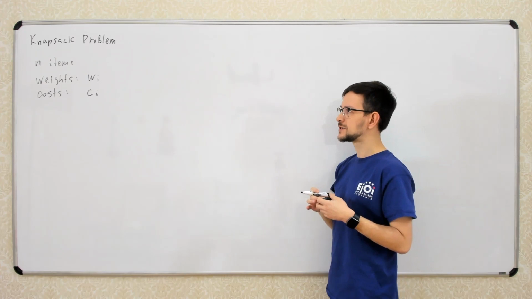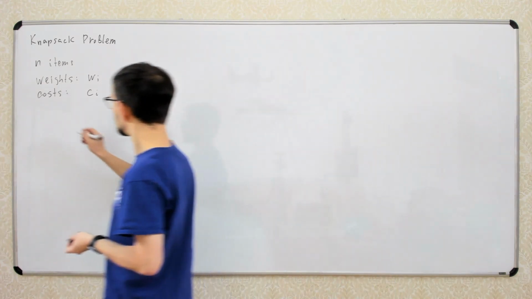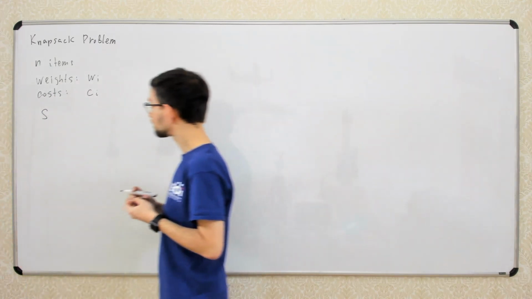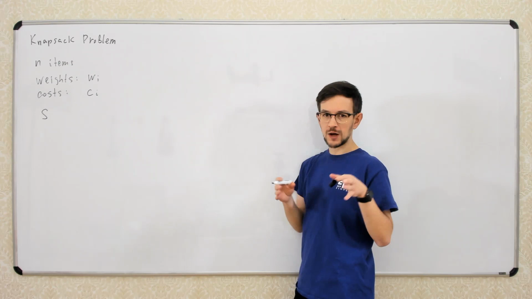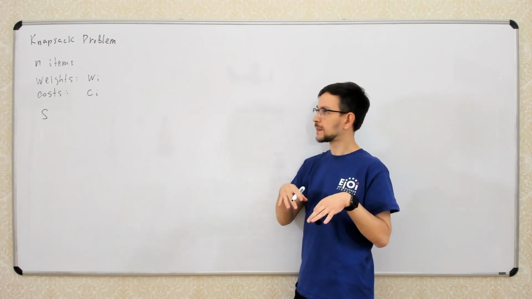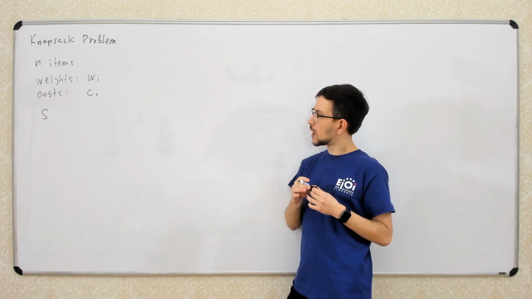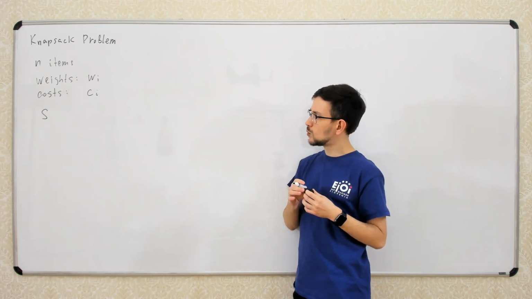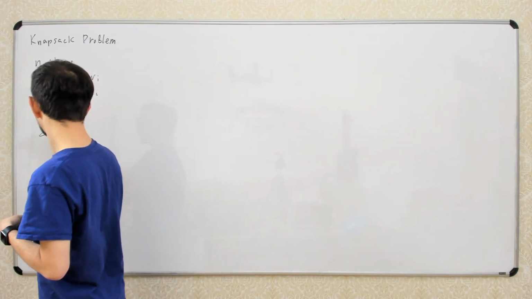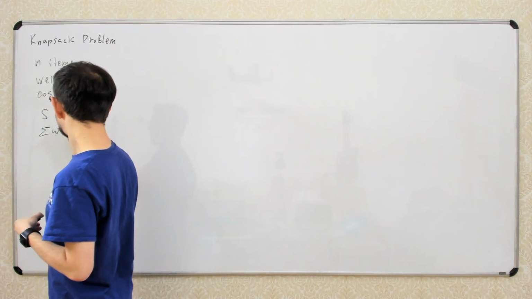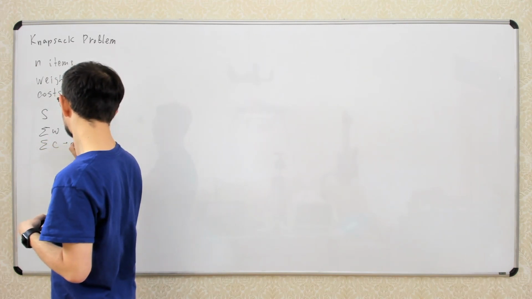And we have a knapsack, and the size of this knapsack is some constant s. What we want to do is put some of the items in this knapsack so that the total cost is maximized. Let's say we take some items such that the total weight of these items is no more than s and the total cost is maximized.